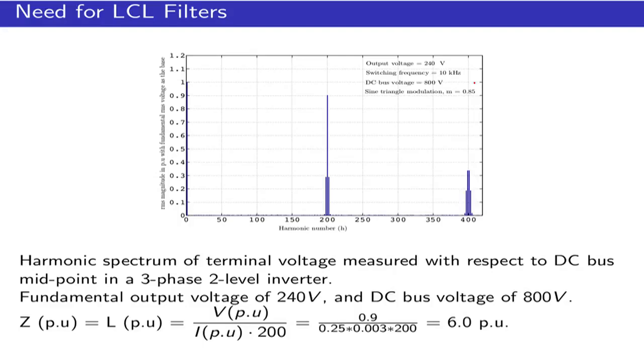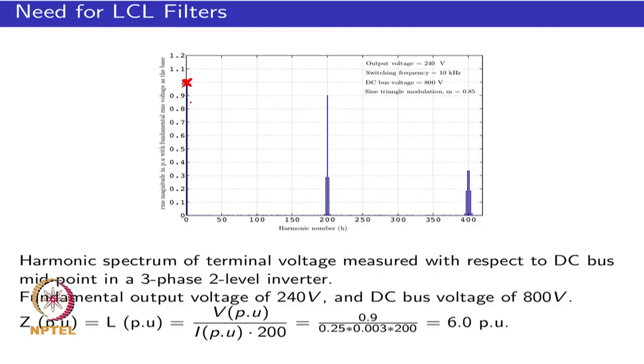So, the modulation index is 0.85. If you do the Fourier analysis, your fundamental has a magnitude of 1 per unit. If you look at 10 kilohertz, that would correspond to the 200th harmonic, and the RMS value of the amplitude at the 200th harmonic is around 0.9.